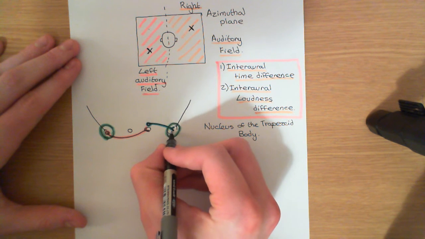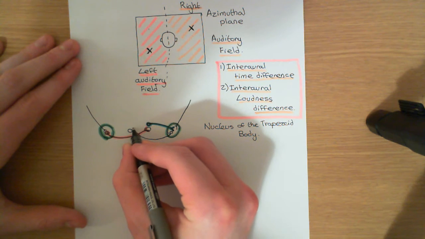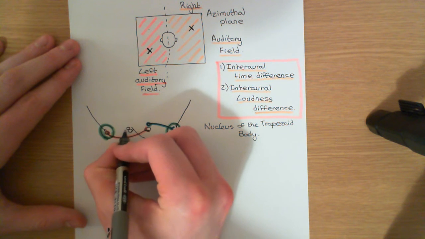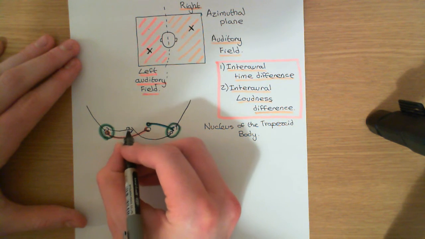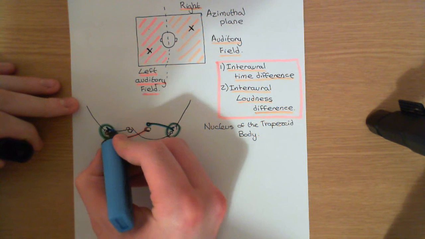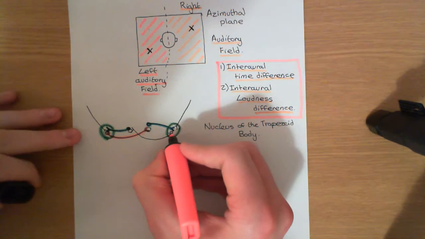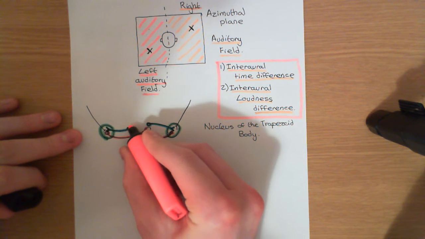It will now send axons from some of its neurons into the nucleus of the trapezoid body on the right hand side here, and the same thing will occur in the nucleus of the trapezoid body on the right hand side. You'll have inhibitory neurons, so I'll colour the inhibitory neuron here in blue, and I'll colour this neuron here from the superior olive in red.